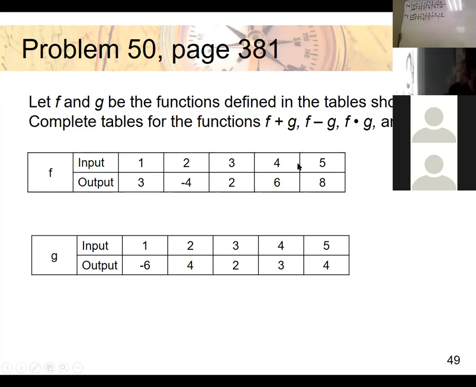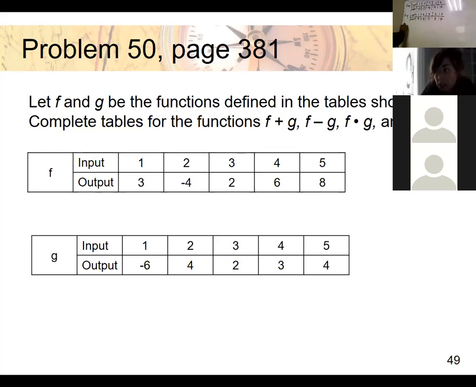And then for the input of 4, 6 minus 3. That'd be 3. Then finally for 5, 8 minus 4, that'd be 4. Okay, so that's for f minus g.